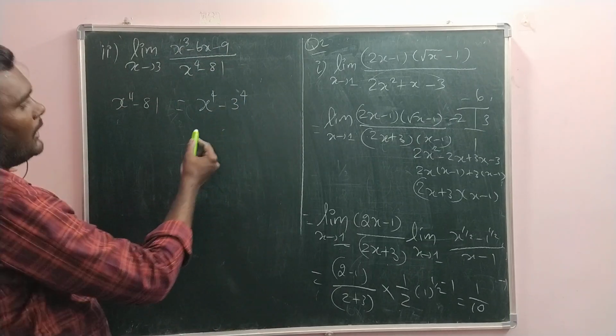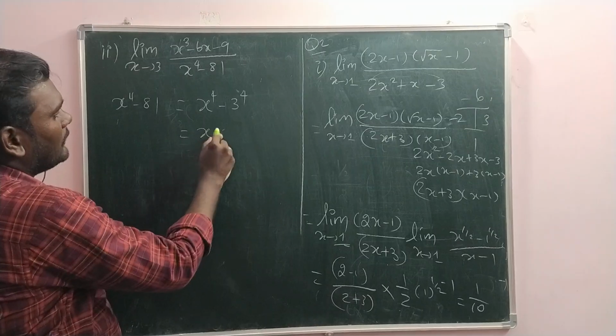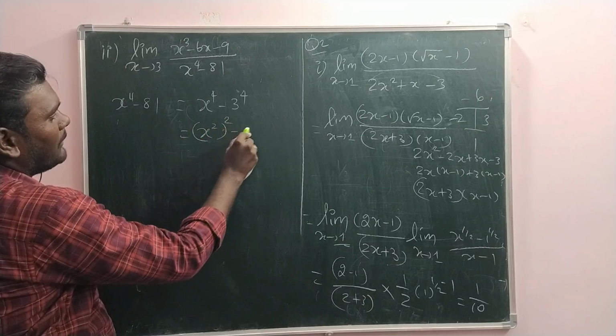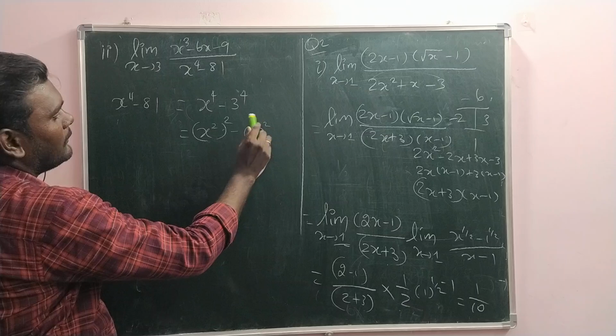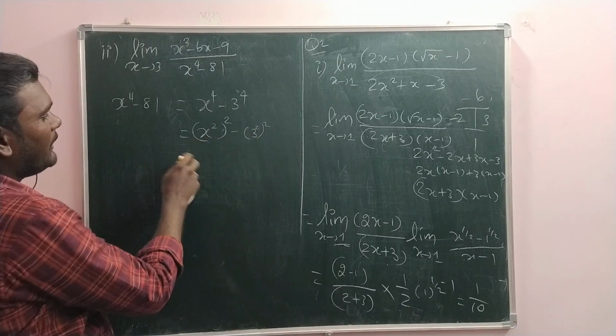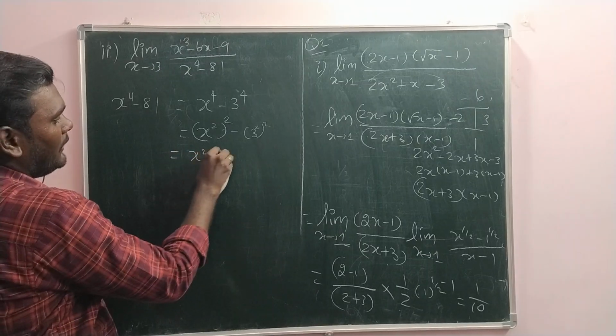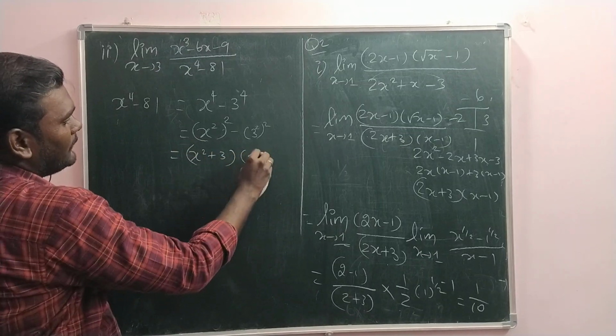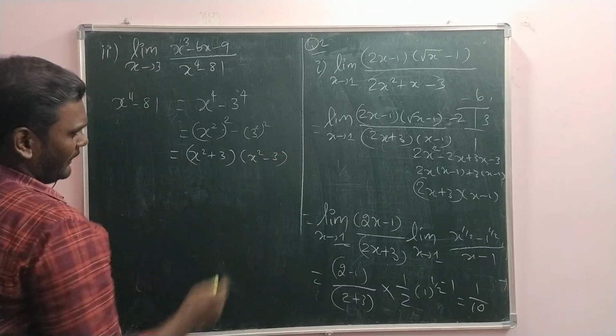And this is nothing but x square whole square minus 3 square whole square. Now this looks like the a plus b whole square formula. Then x square plus 3 is a factor, x square minus 3 is a factor.